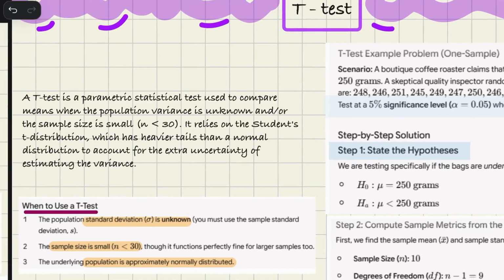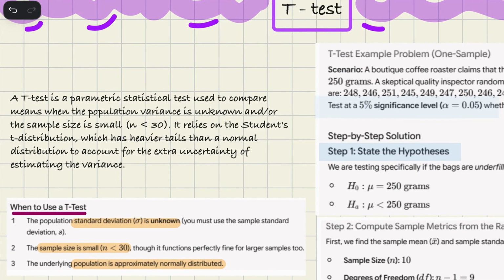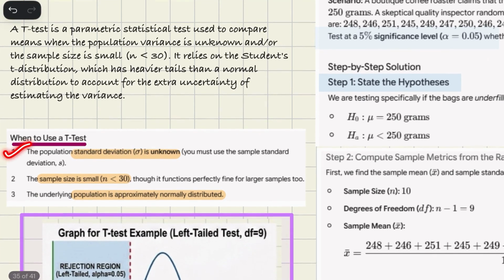So the main thing you need to understand is that the sample size should be smaller than 30. And the other thing is that the standard deviation is unknown. We don't know the standard deviation, right? So this is the primary indicator. The problem will not give you a population standard deviation.